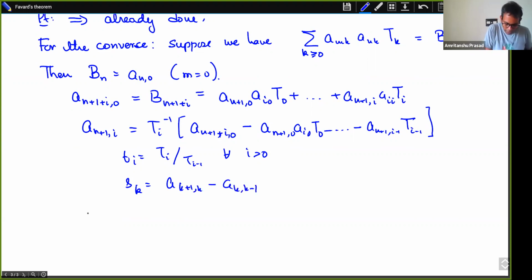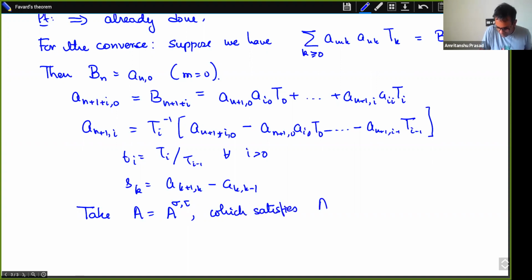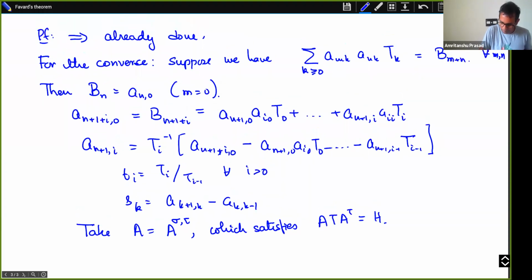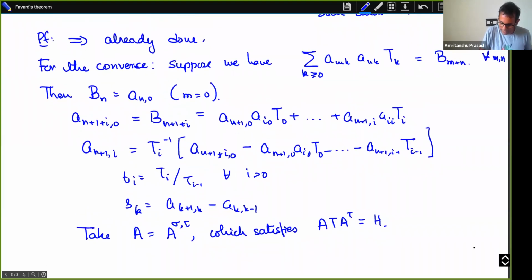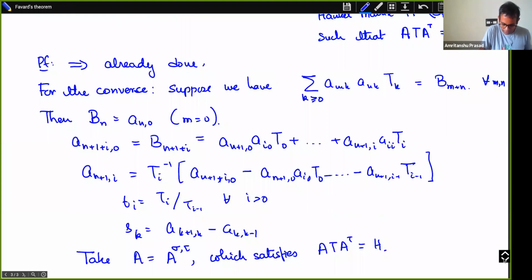Then you take the matrix A equals A sigma tau, and clearly that satisfies this equation by our earlier calculation, because now A T A transpose is equal to H. We constructed it so, since this H is determined just by this condition, by the entries of it.